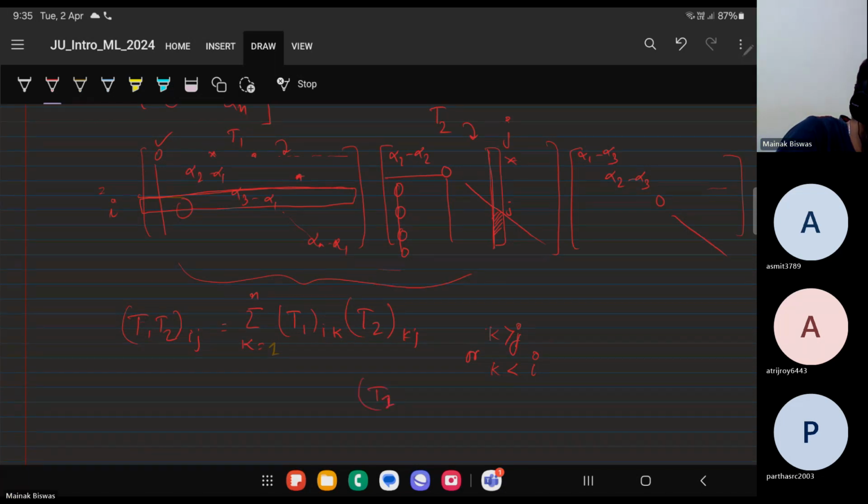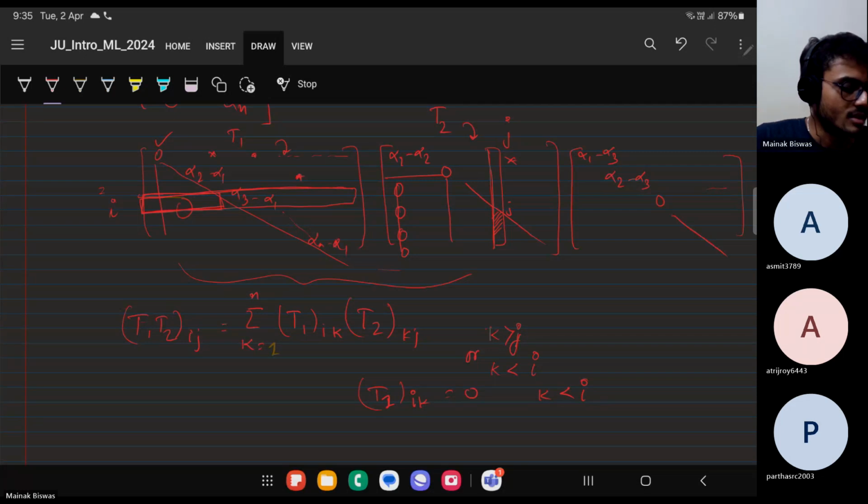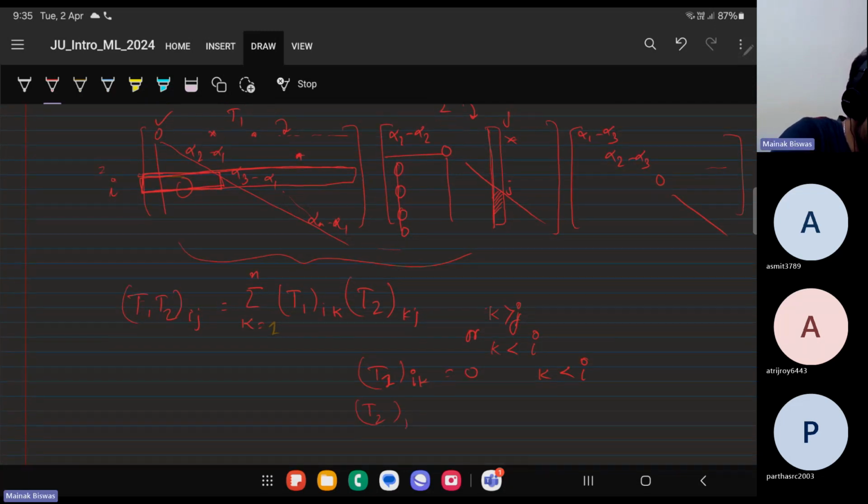So T1 ik is equal to 0 if k is less than i. Yes or no? These are the values below the diagonal. Similarly, T2 kj is equal to 0 for k greater than j, yes or no?